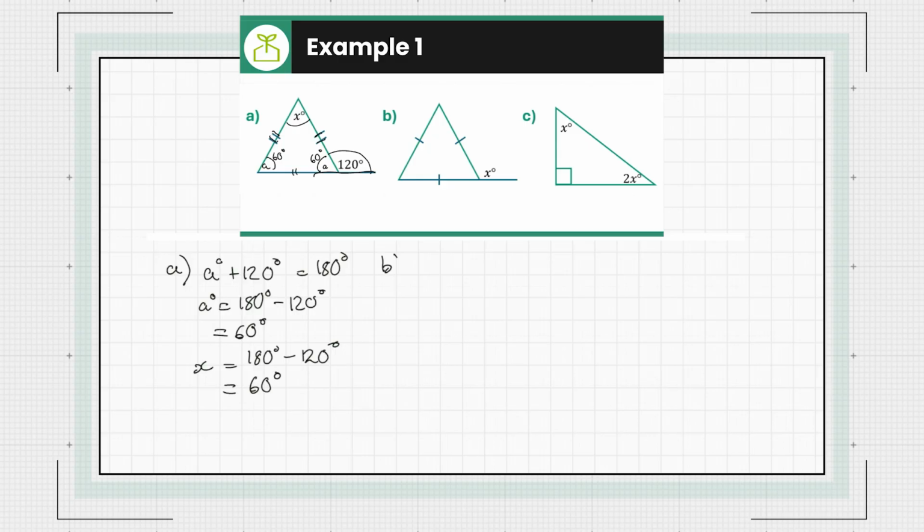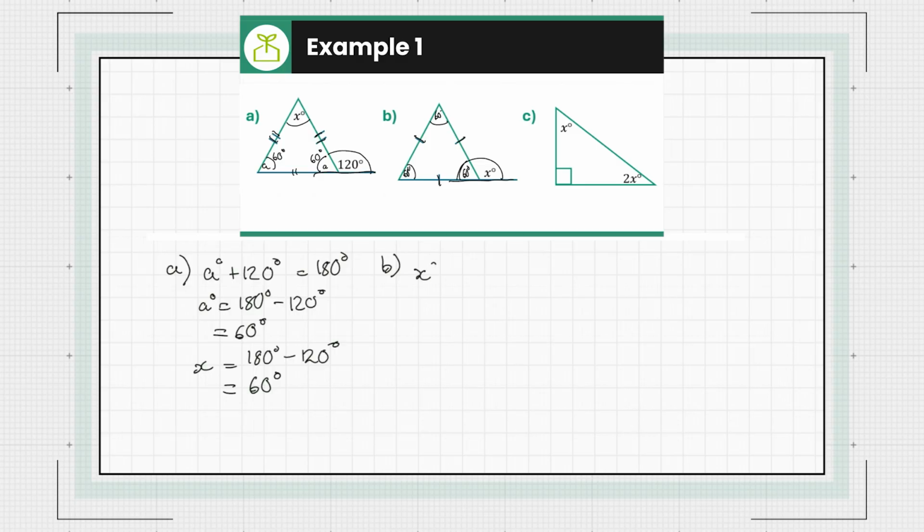Alright, moving on to B, we have an equilateral triangle because every single one of the sides are equal. And we know that in an equilateral triangle, everything's equal and they are all equal to 60 degrees. Okay, so we need to solve for x, knowing that each angle is equal to 60 degrees, which means that this is also a straight line.